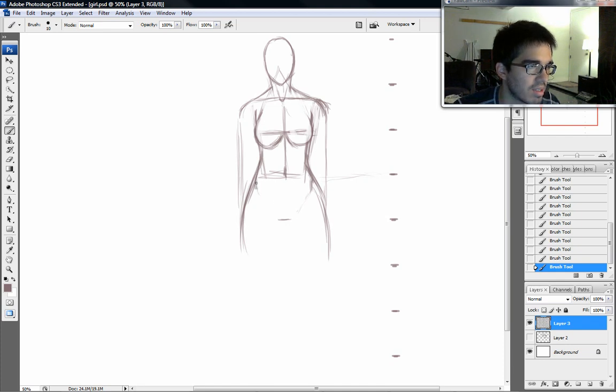Bam, right there. Little indentation. Come down to the crotch. Like that. Just erase these guidelines.